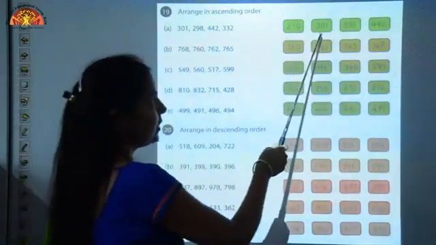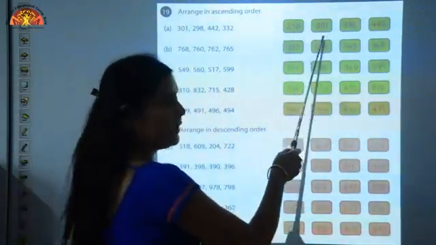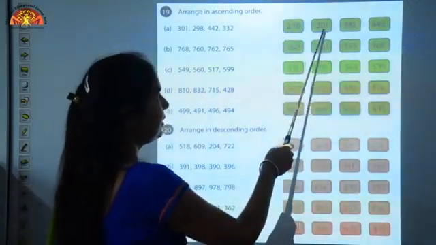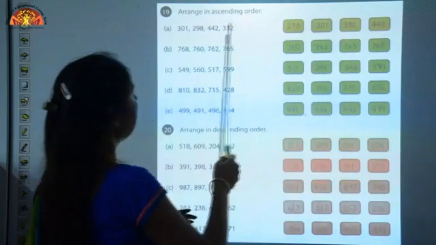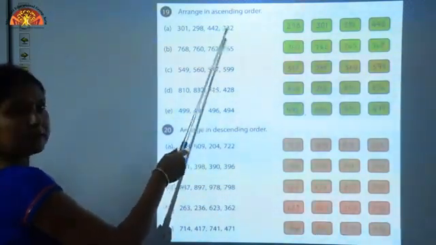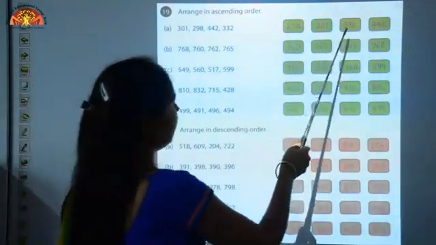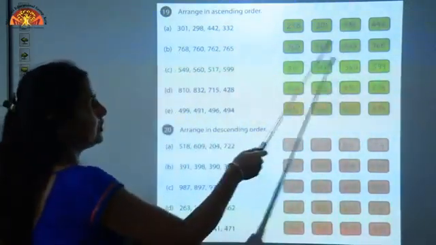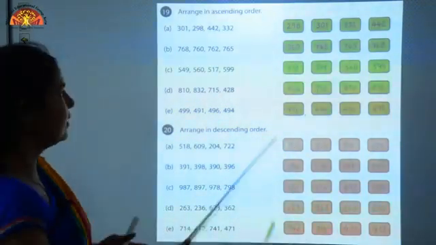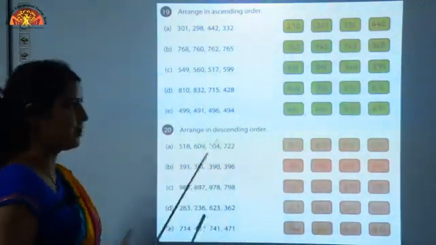So we will write 301 after 298. After 301 we will write the number which is starting from 3, so this is 332. And at the last we will write 442. I hope you have understood. Rest of the sums you can do by yourself.